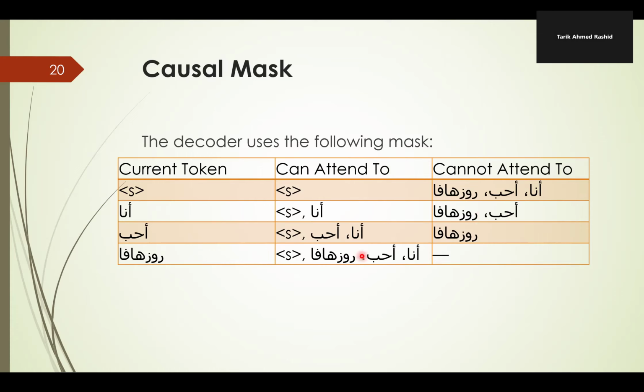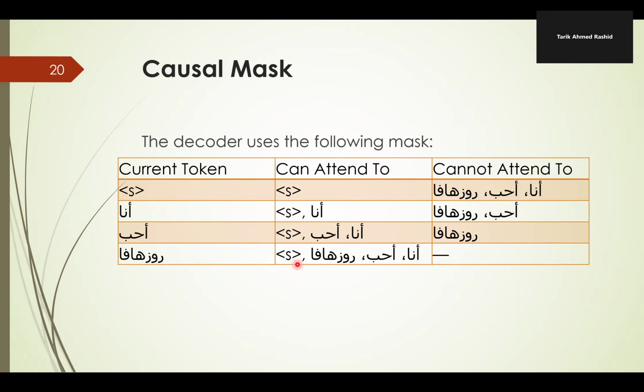Likewise, Ahab can attend to Ana, to the S token, and to itself, but cannot see Rojava. When Rojava is given, Rojava can see itself, Ahab, Ana, and the start token. There is no future.